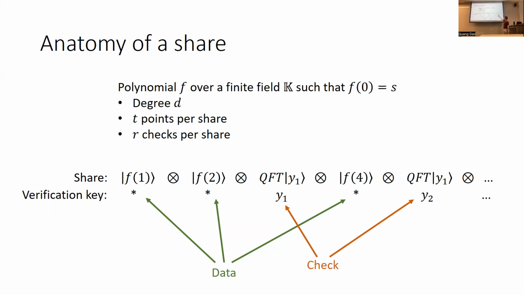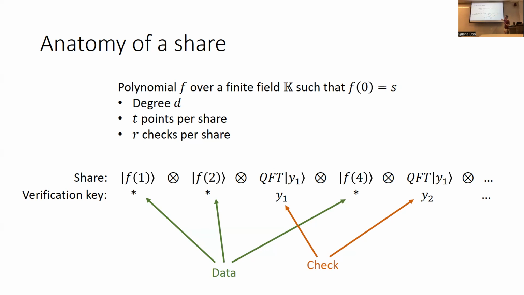So to generate it, that's supposed to be a 2 there. No worries. To generate this position, we would generate a random value y1, and then we just apply one Fourier transform to it. And the idea is, if you were to measure in the Fourier basis, you would get y1, and here you would get y2.